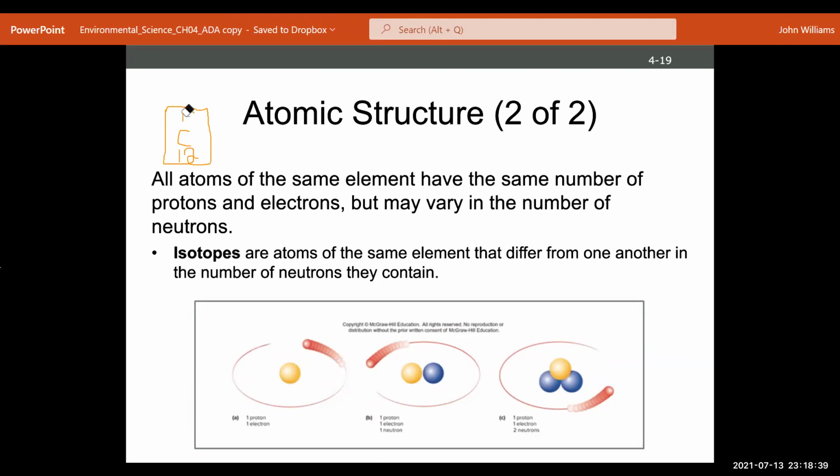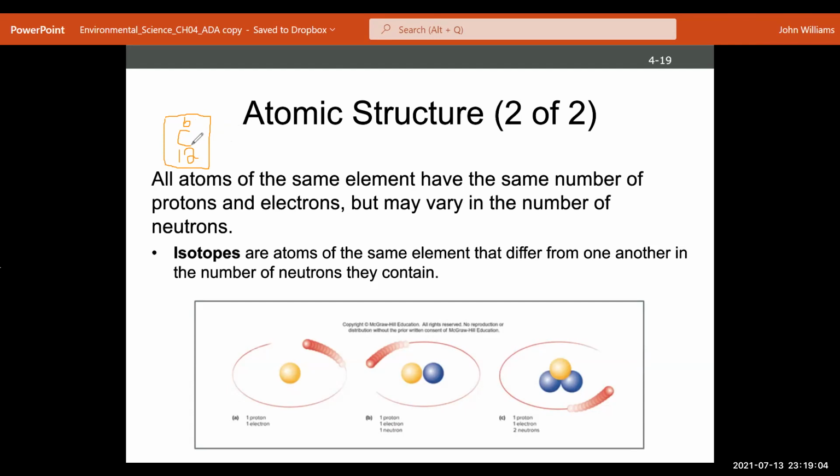Let me fix this number up here. Okay, this atomic number is 6. So carbon has an atomic number of 6 and an atomic mass of 12.